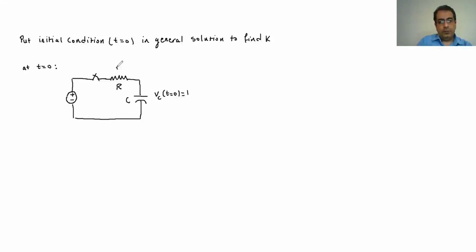And this one is going to be the VR, which we don't know what it is. And the voltage at the source, VS, is going to be 2 times sine 200t.